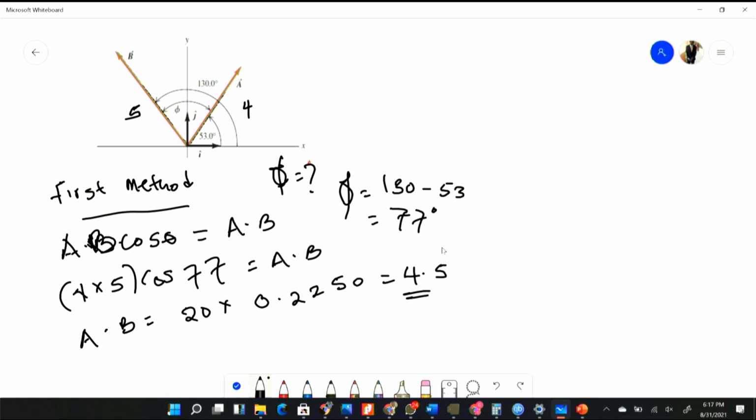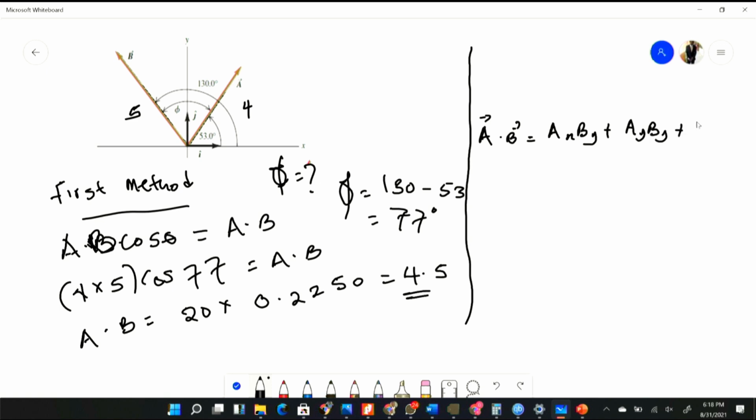So I said earlier that we can try another method to work this out. And what is the other method? In the last time we said that A dot B is the same thing as AX BX plus AY BY plus AZ BZ.